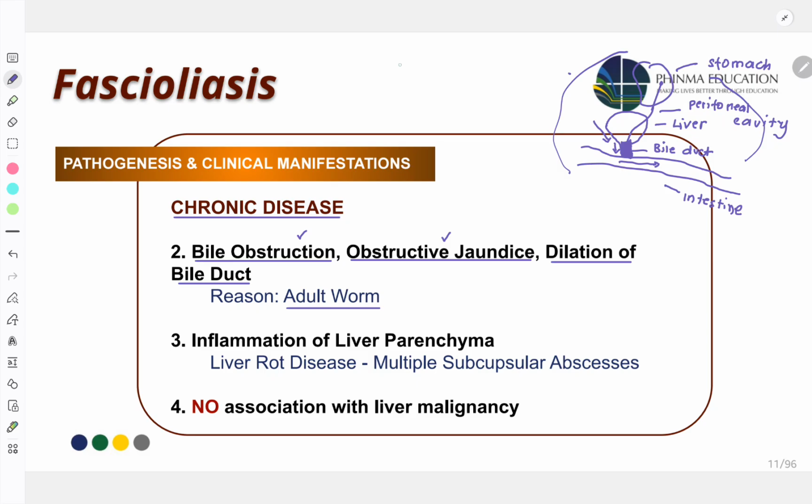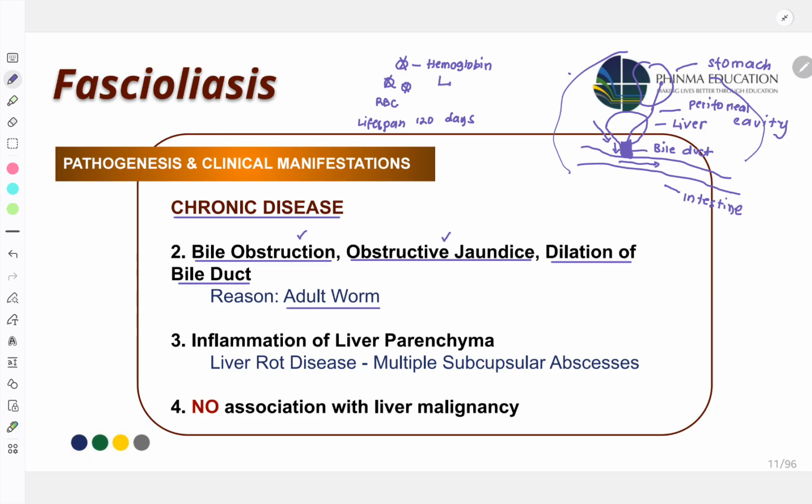So what is jaundice? For example, these are your red blood cells in the circulation. The lifespan of your red blood cells is only 120 days. After 120 days, the red blood cell dies, and hemoglobin is released from your red cells.